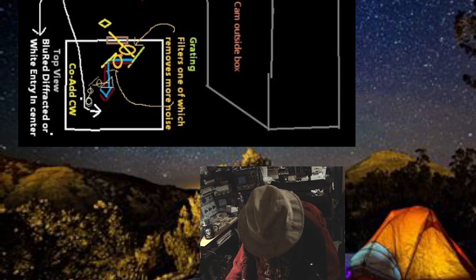So that means first mirror has to be here. I have to figure out this angle here. So if this comes in from here, like so, this is 30 degrees. That means this is 30.